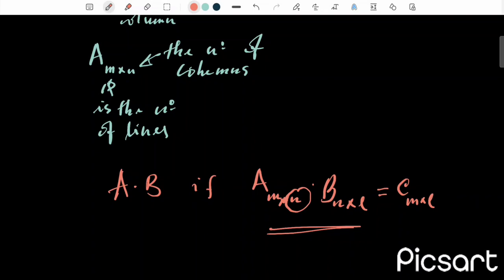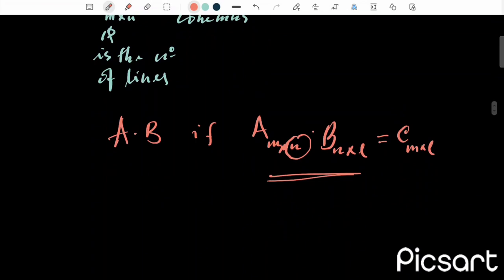Okay, then we can see here actually that the first matrix is a matricial operator.